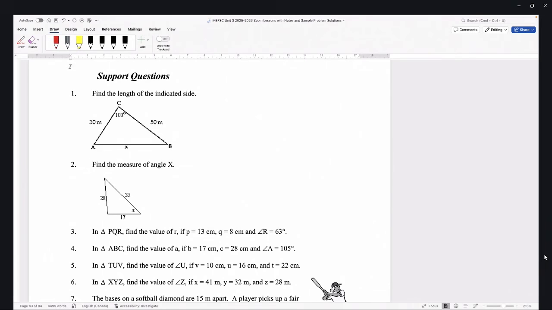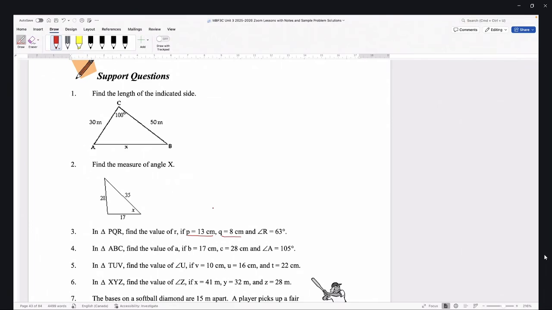So if I draw a diagram, I'll do it in red because this will be part of the solution. P is 13 centimeters and Q is 8 centimeters. So P is longer, Q is shorter, and angle R is 63 degrees.